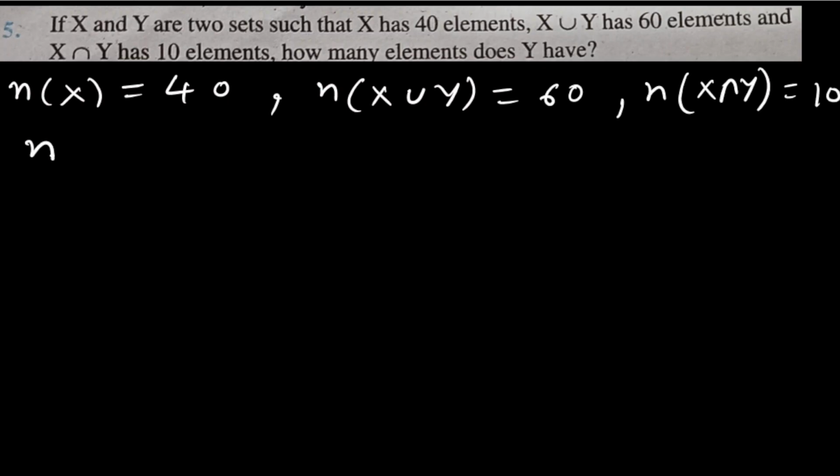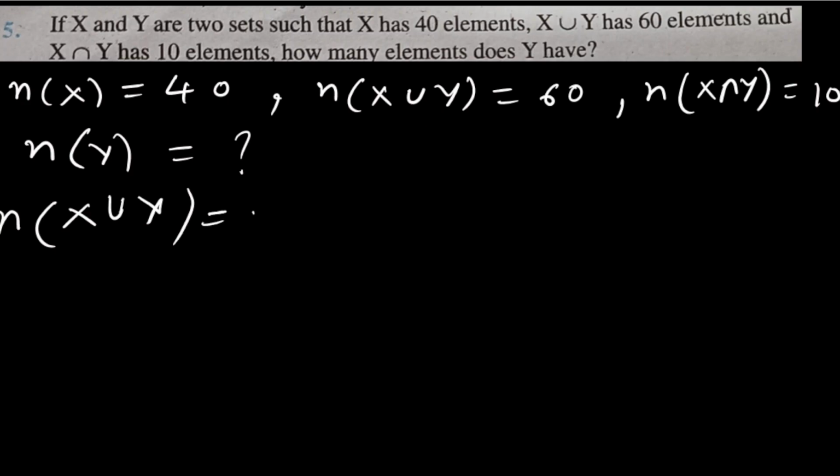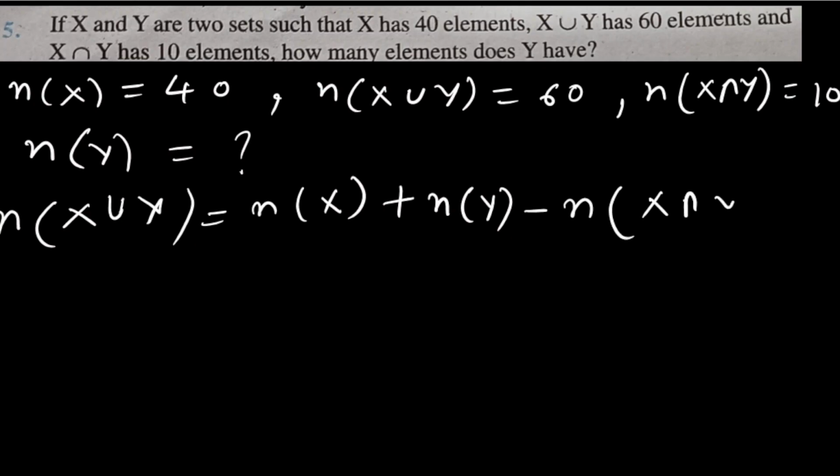So what do we have to find here? n(Y). See, whichever formula, be it intersection or union, because we have to find Y, we have to shift terms here and there. So I'm going to write the formula for the union: n(X union Y) is equal to n(X) plus n(Y) minus n(X intersection Y).